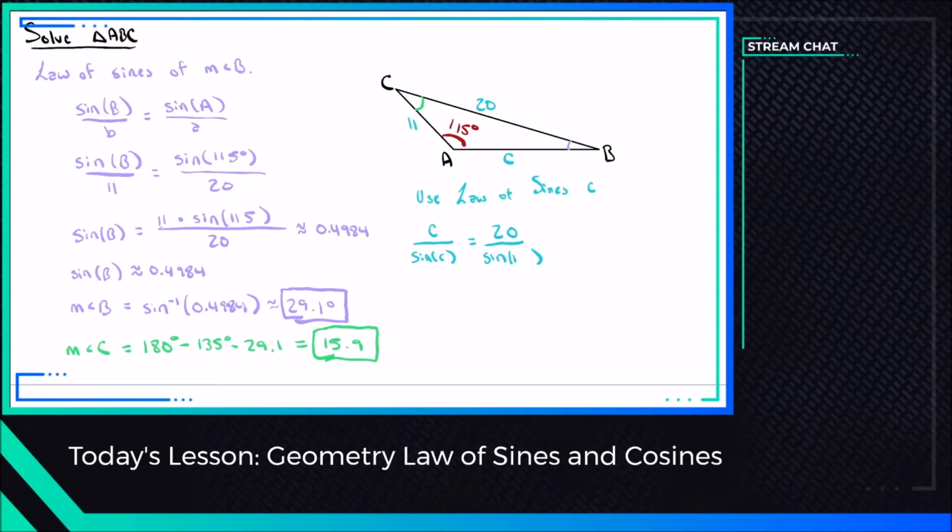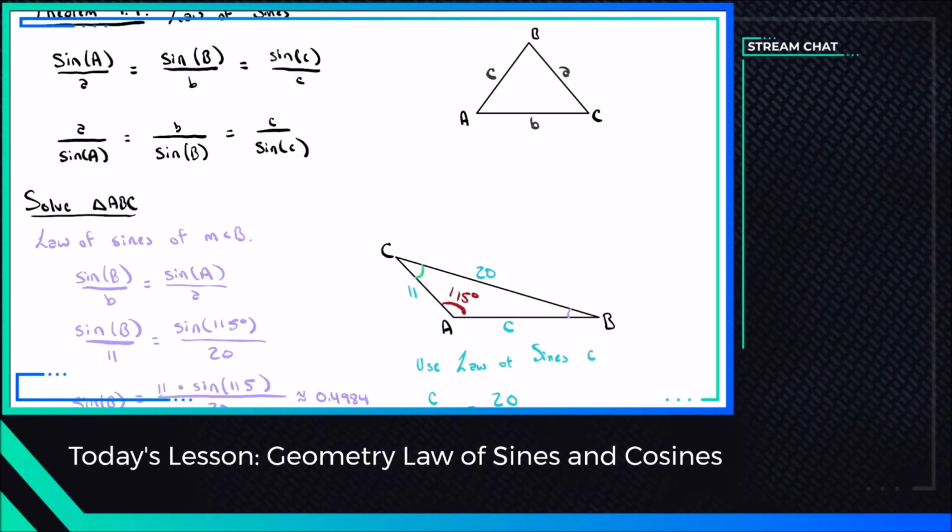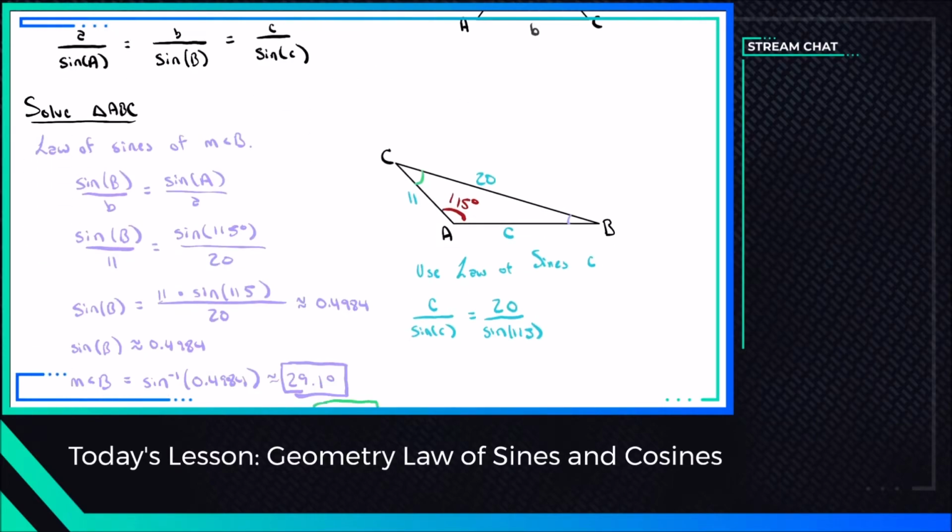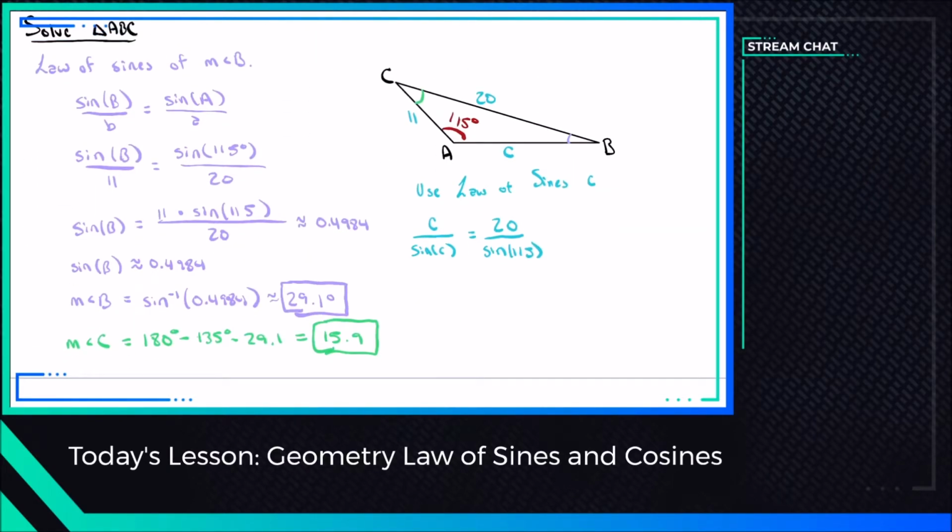And so if we now solve for this, we know that angle C is equal to that 15.9. So we're going to replace sine of C with 15.9.